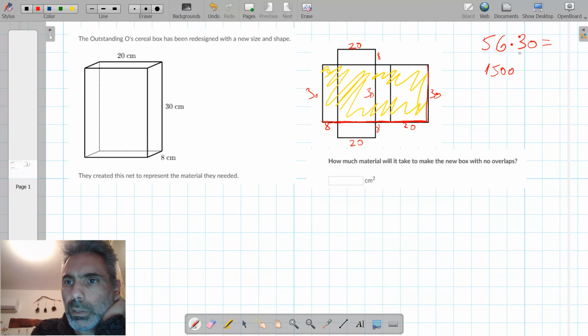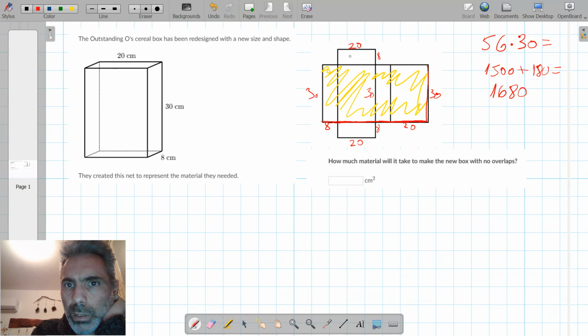4 times 3 is 15 plus 2, 0. And 6 times 30 is 180. So this is 1680.